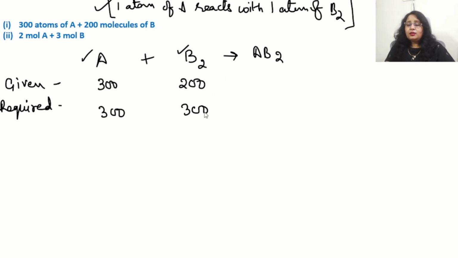So here the required quantity is more than the given quantity. So according to the rule, if the required quantity is more than the given quantity, then that reactant is the limiting reagent. So here it is clear, B2 is the limiting reagent.